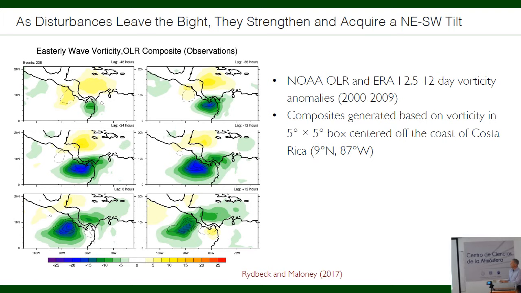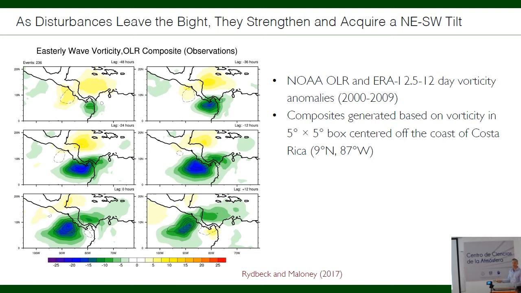Then as time marches on, you see that this disturbance gets further and further away from the coast. For example, right here it's in the region just to the south of the Papagayo Jet. One thing you can see here obviously is that there does seem to be a coherent pathway of easterly waves that translate back to the Bight of Panama in this composite life cycle.